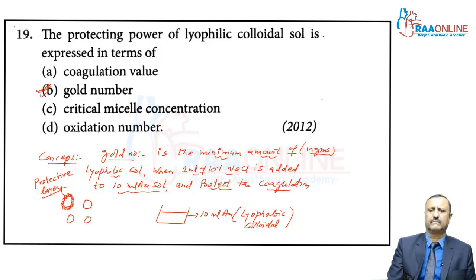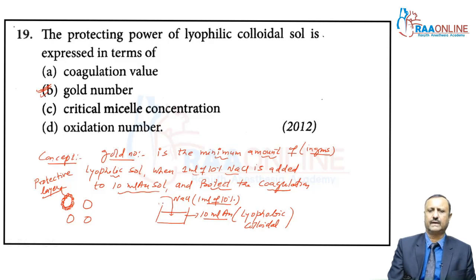What is the definition of gold number? When we take 10 milliliter of gold sol, which is a lyophobic colloidal sol, and add NaCl, which acts as an electrolyte, in a fixed amount, that is 1 milliliter of 10%, then the gold sol is converted into precipitate form.